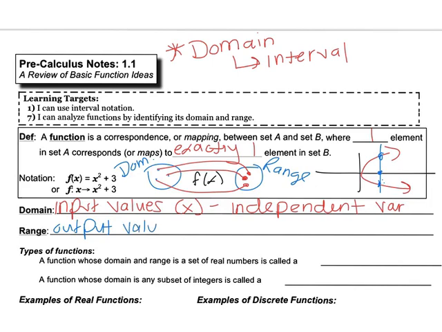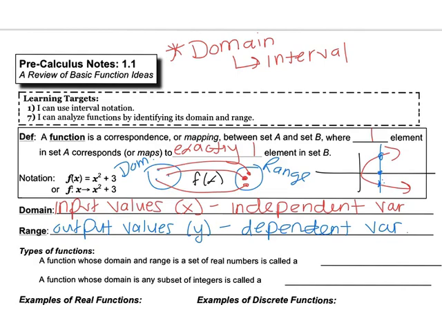My handwriting is really bad on here still because I'm still trying to get the hang of this. Our output values, typically we use the letter y for those, and those depend on whatever the input is. So y would be the dependent variable. So just a quick review on that stuff.